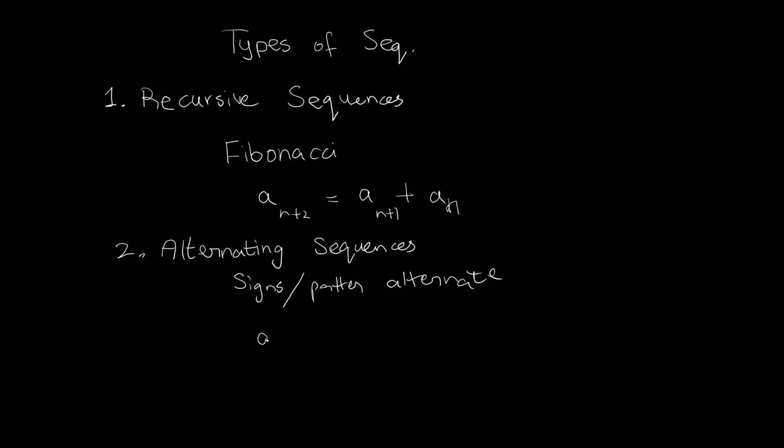For example, this sequence. If you notice clearly, the sequence would have positive values when n is an even number, and negative when n has an odd value. So that's why it alternates in terms of signs.